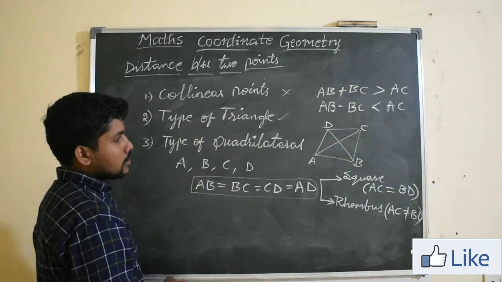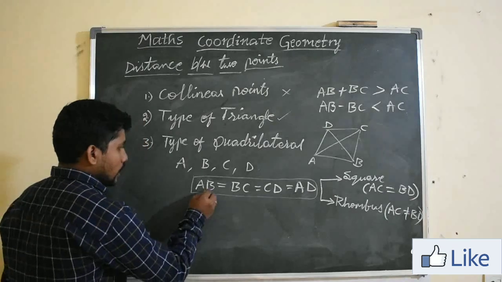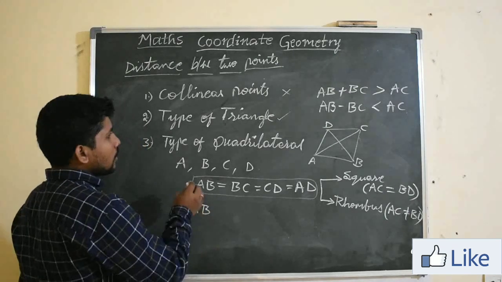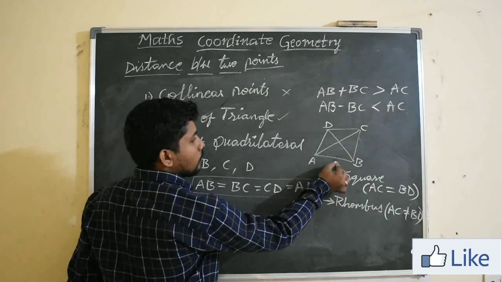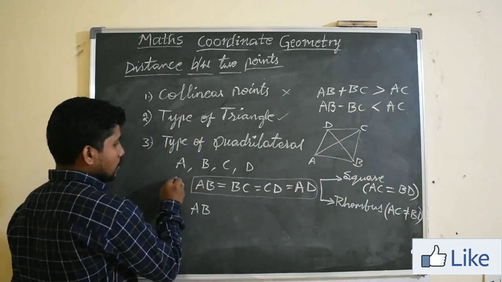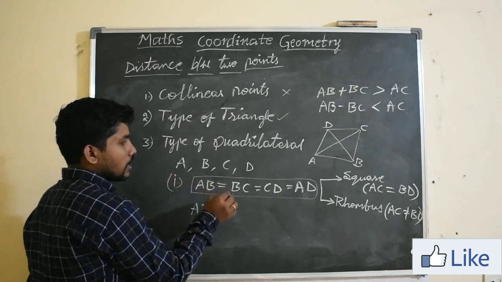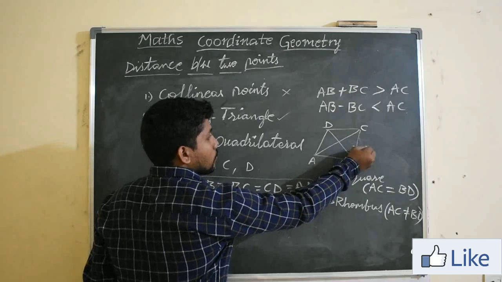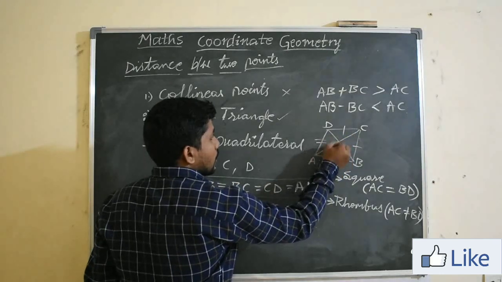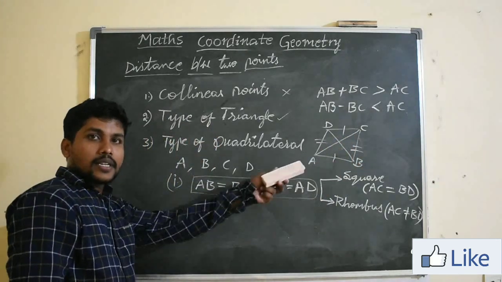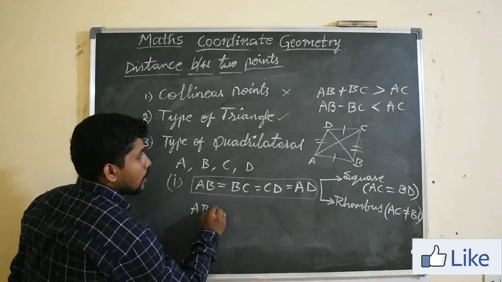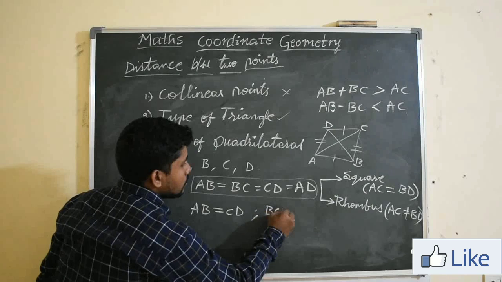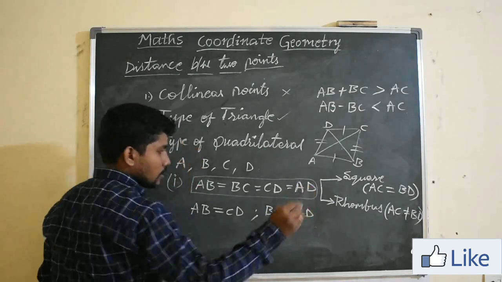Now, coming to another condition: what happens if opposite distances are equal? In the first case, all the distances are equal. In the second case, AB is equal to CD and BC is equal to AD.